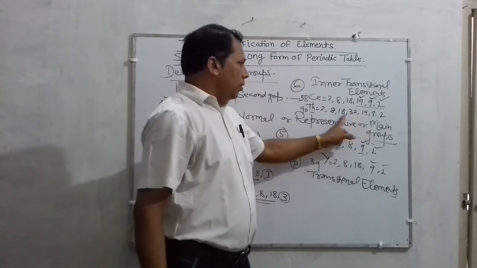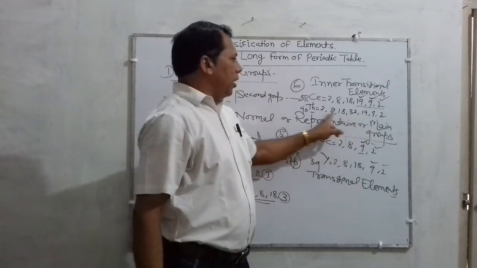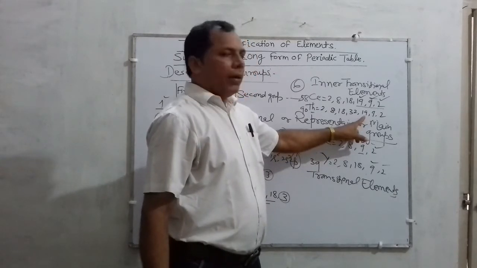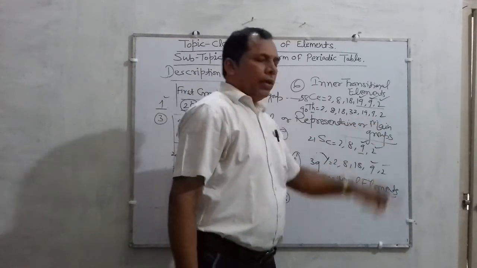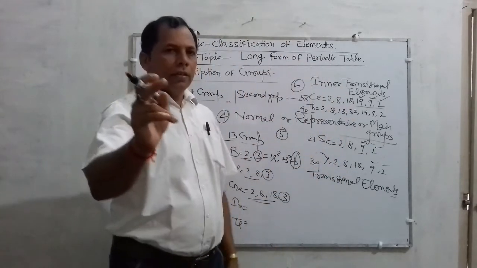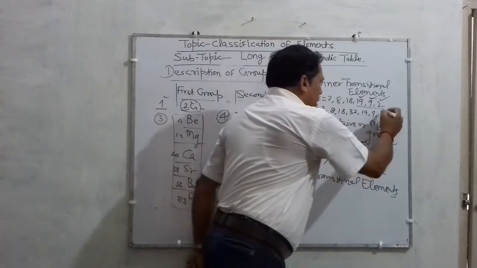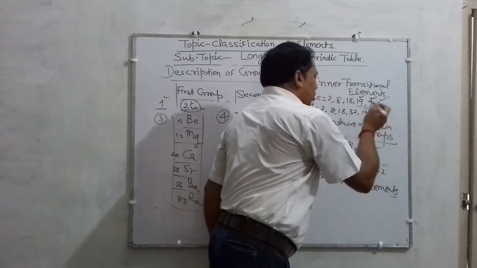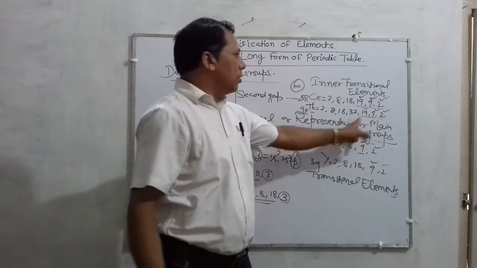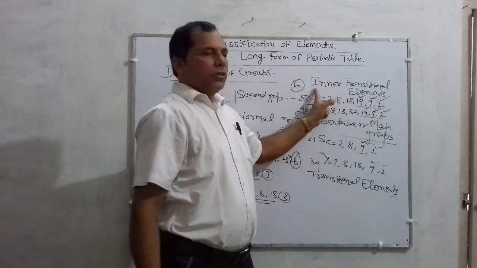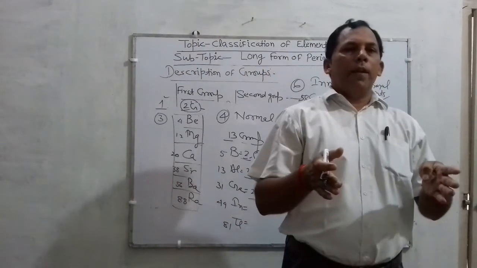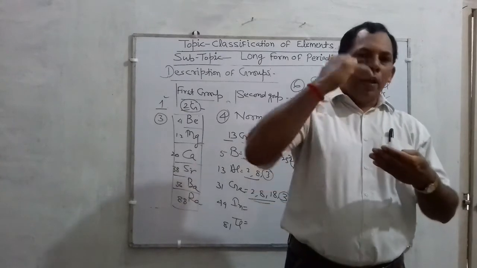This may be counted 32, 18, 50 plus 10, 60, 60 and 19, 79, 79 plus 11, 90. Am I right, children? So the last three outermost cells are incomplete. That's why they are known as inner transitional and are placed below in the periodic table in the form of the lanthanide and actinide series.